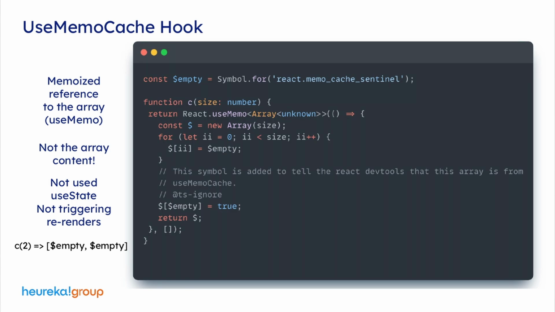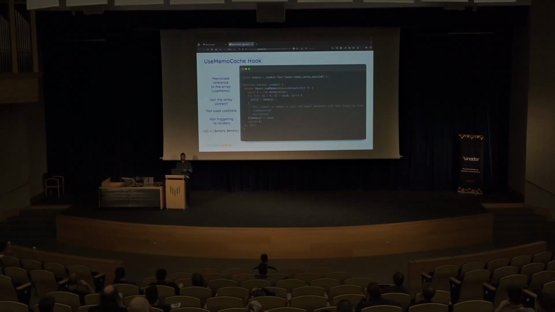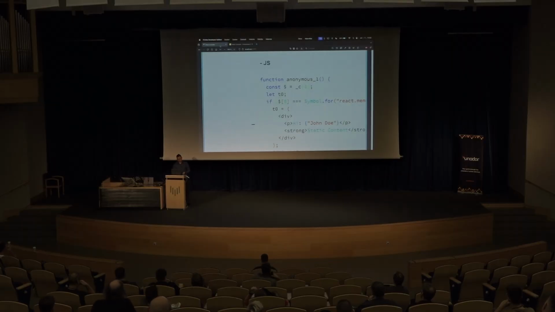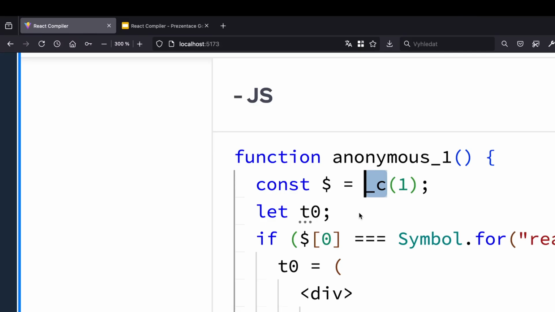And the output could be like this. Calling C with parameter 2 will create 2 slots in the memory with the symbols for future usage in the compiler. So this is exactly this. It will create the array with 1 slot in the memory.